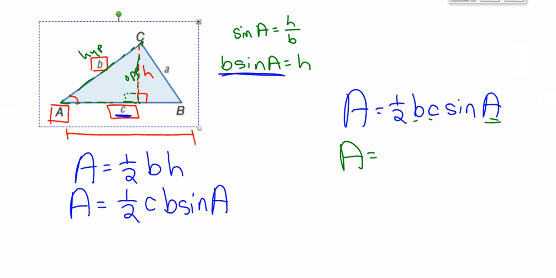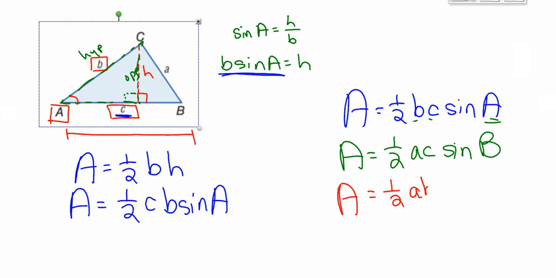So if the angle I had was the angle B, it would be A equals 1/2 AC sine capital B. And if the angle that I had was angle C, it would be 1/2 AB sine capital C. When we're in a situation where we would maybe be using the law of cosines again, with an angle and the two sides that make that angle, we can use one of these formulas as well.